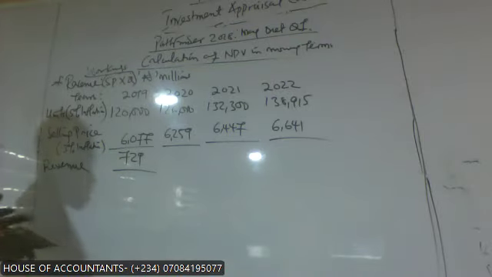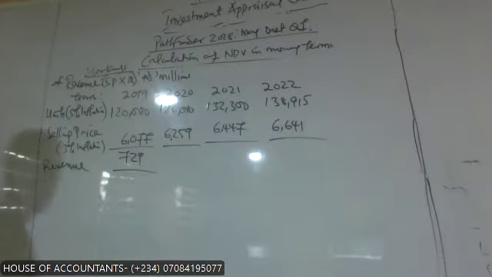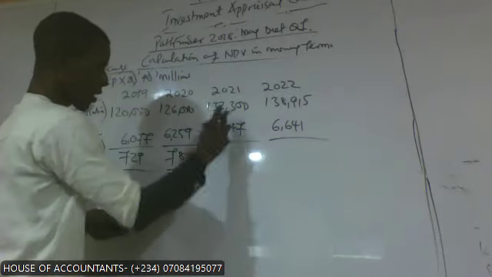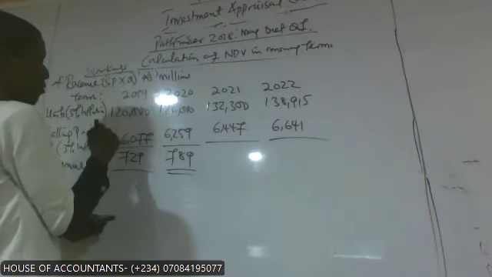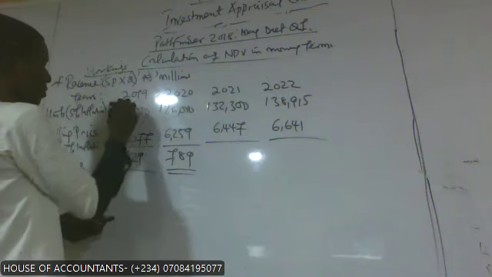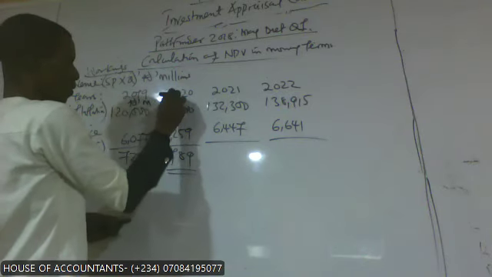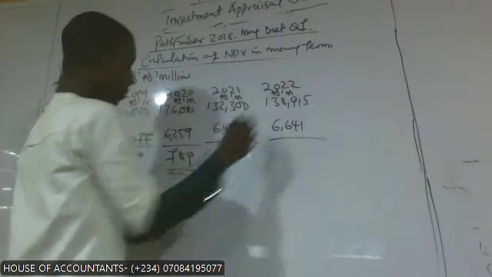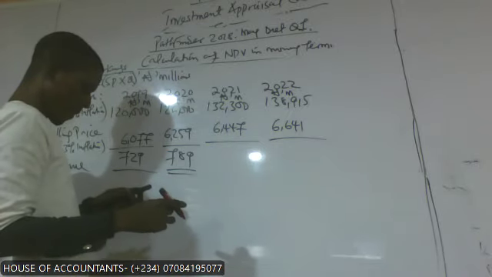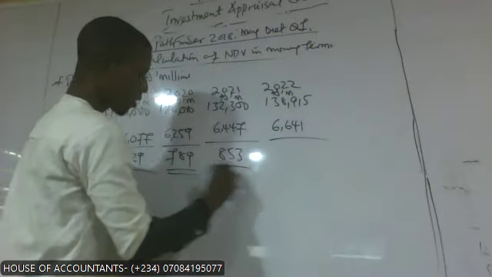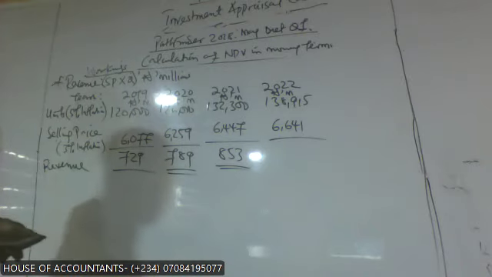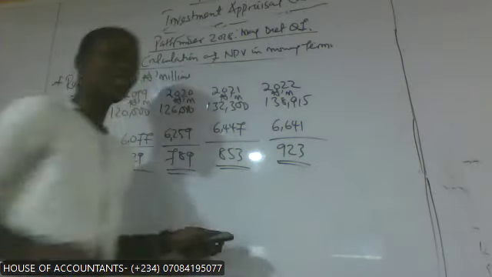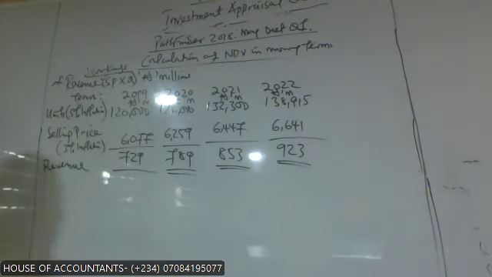After we repeated them, as the question says, we multiply them to get the revenue. 789, 853, and this one when you multiply, we have 923. So that is our revenue for each year.